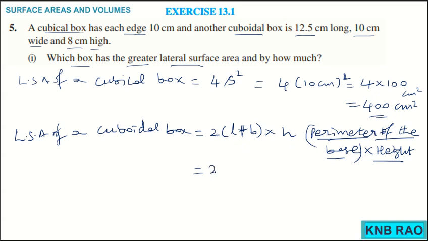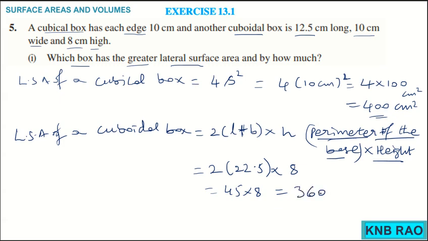Here 2 into 12.5 plus 10 is 22.5 into height is 8. So, it becomes 45 8s. 22.5 twice is 45, 45 8s, you know 45 8s is 360.